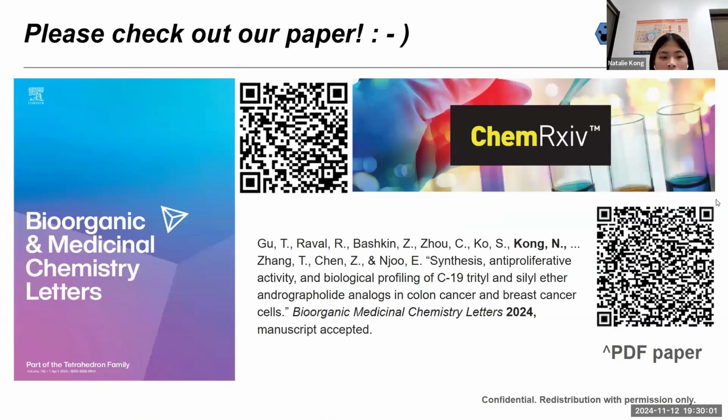Though with all of these results, we have submitted this paper to Bioorganic and Medicinal Chemistry Letters, and as Edward said, as of this morning, it has been accepted pending revisions. So if you guys want, there's the QR codes for our paper if you're interested.